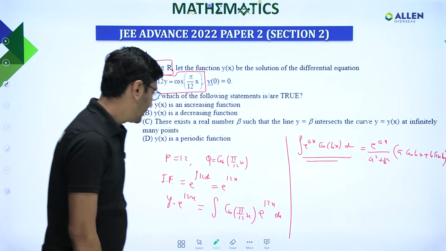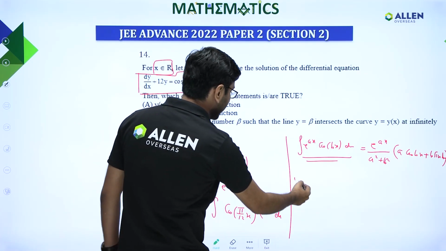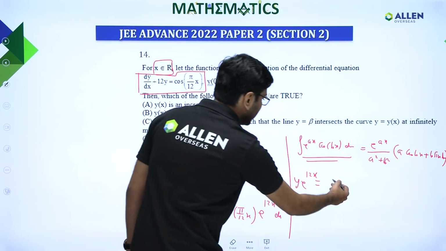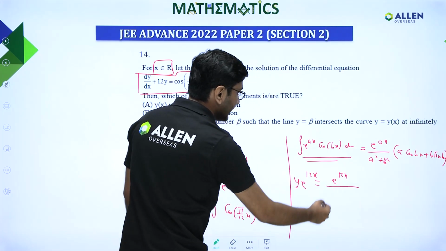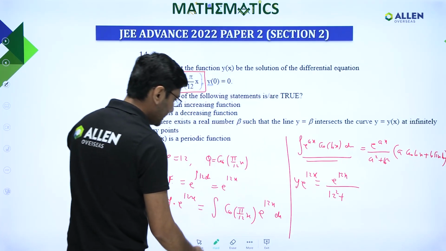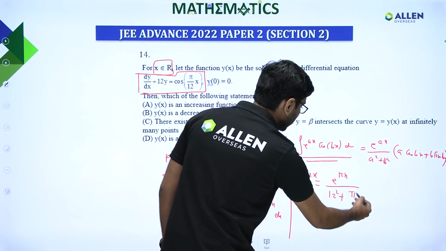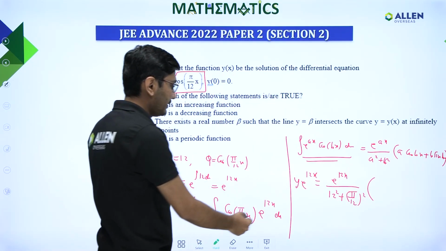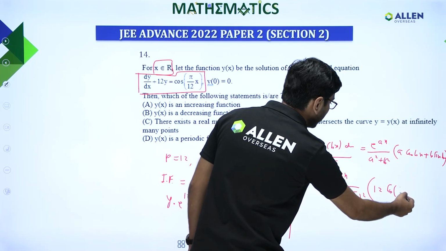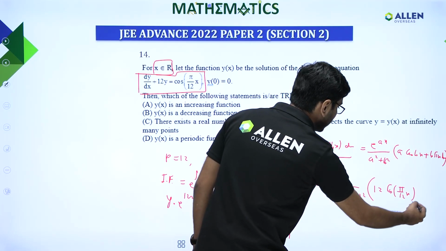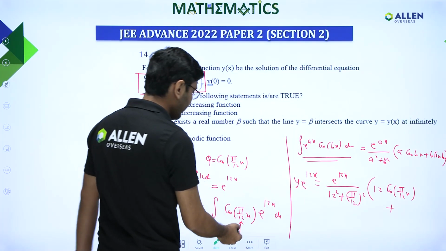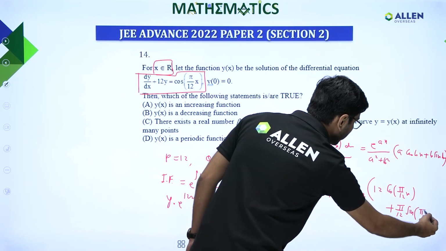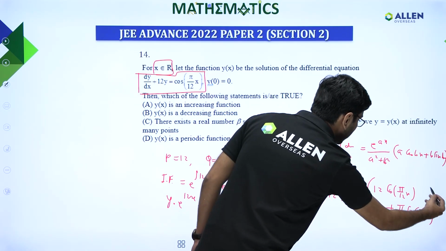So, if you use this formula, you can integrate the right side, and solving this you may get y into e raised to 12x is equal to e raised to 12x divided by a square, meaning 12 square, plus b square, which is pi by 12 square, times a cos, meaning 12 cos of pi by 12x, plus b, which is pi by 12, sin of pi by 12x, and plus c.